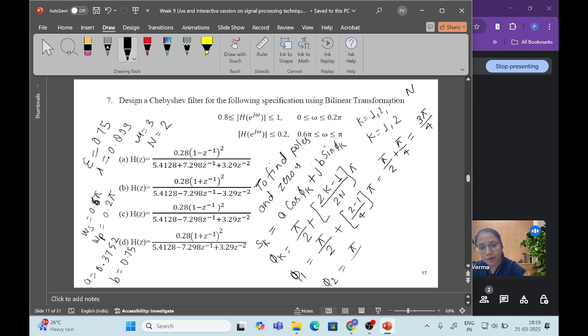So pi by 2, just putting k is equal to 2, so 4 minus 1, so 3 pi by 4. So that is equal to 5 pi by 4. Right? Now, first we have to take the first pole, then the second pole. So phi 1 and phi 2 we have calculated. Now put k is equal to 1.